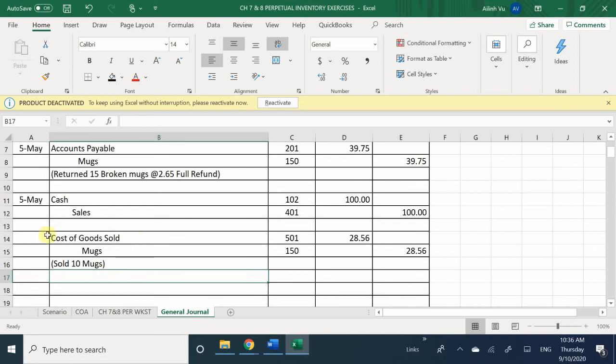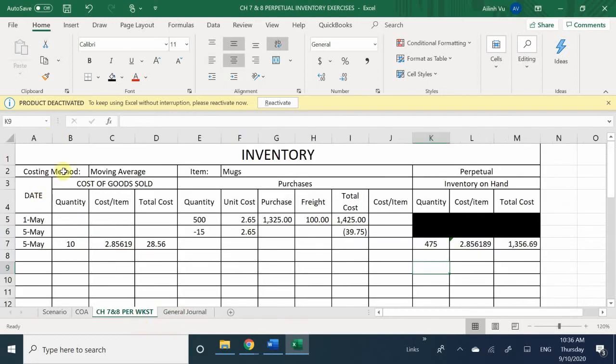Because remember, the price that we sell it for is including a profit, right? So this is what we are selling it for. Now, we also have to calculate as an expense how much did it cost us to sell the item. So the cost of goods sold is exactly what we did here in our inventory worksheet. Up here it says we're solving for the cost of goods sold.